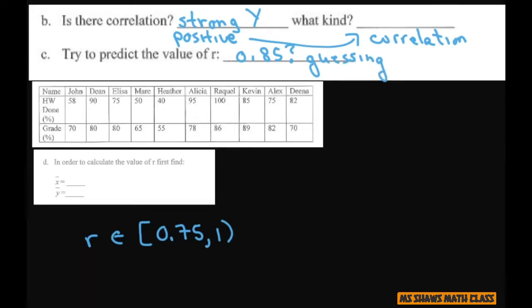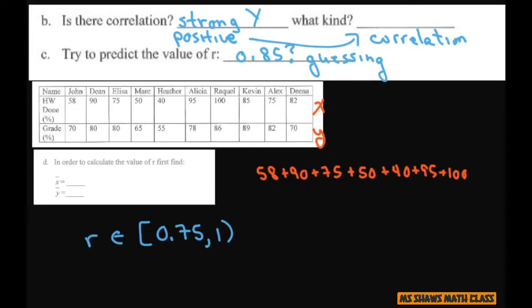Now we want to actually calculate it. And to first calculate it, we have to find the mean of x. This is going to be our x and our mean value of y. So basically, you're just adding up the numbers. 58 plus 90 plus 75 plus 50 plus 40 plus 95 plus 100.